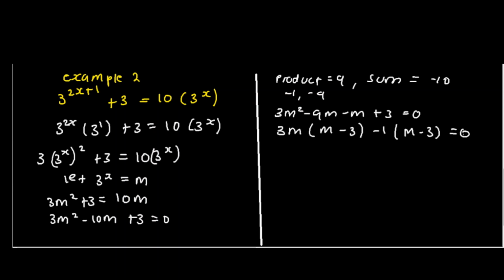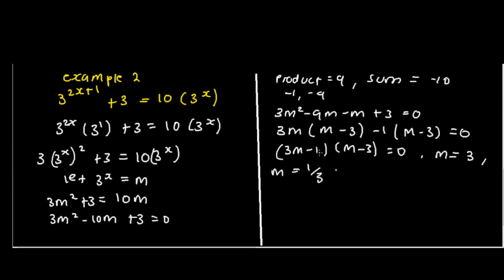So this is equal to 0, and we shall have 3m minus 1 in brackets, then m minus 3, equal to 0. So we shall have our values of m as m equal to 3, and also m equal to a third.